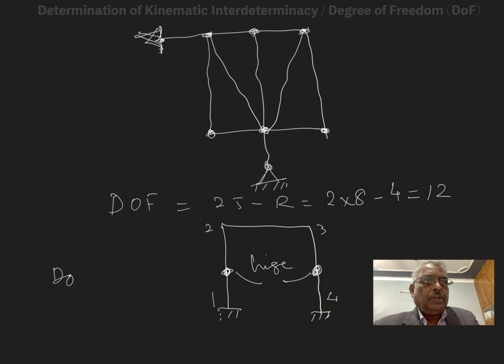So degree of freedom is equal to 3j minus r plus 8, because there are 2 internal hinges, and for one internal hinge provided, 4 additional, and the other will be 4, so there will be 8. So number of joints is 4, reaction 6, plus 8. So the total degree of freedom is 14.